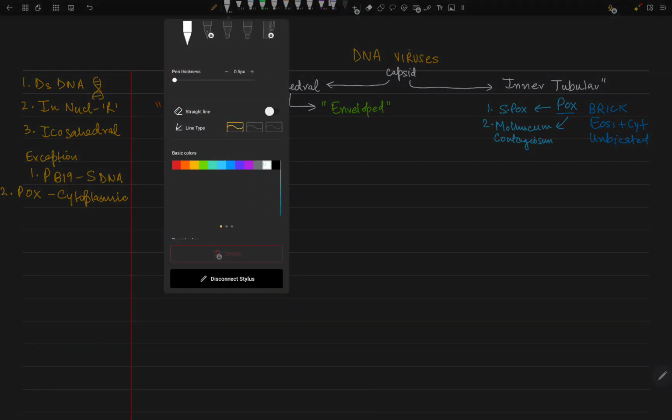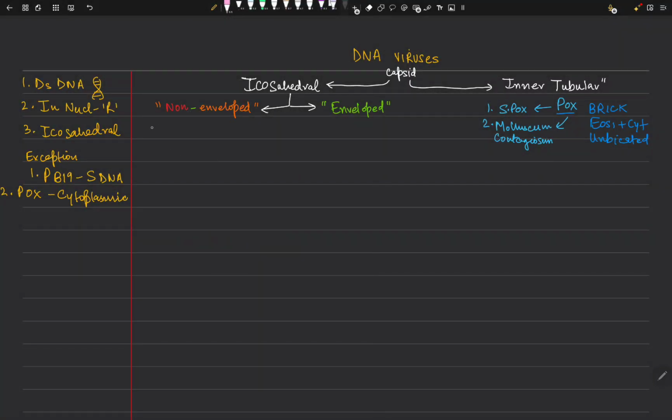I'm going to use the color pink because I like it a lot. We have single-stranded linear DNA. That's the first type.